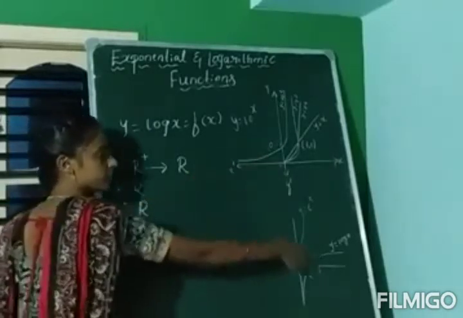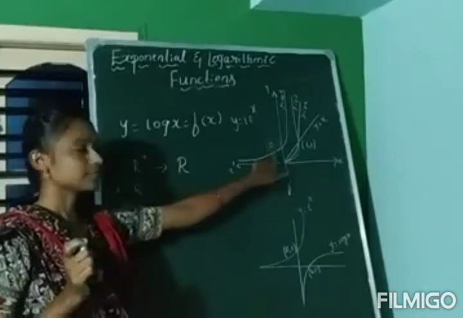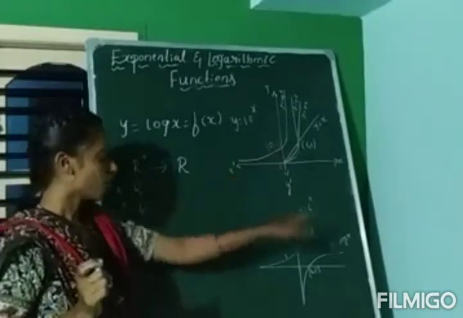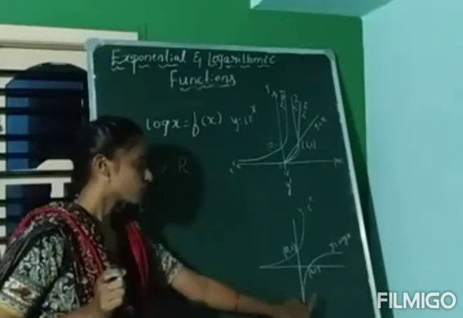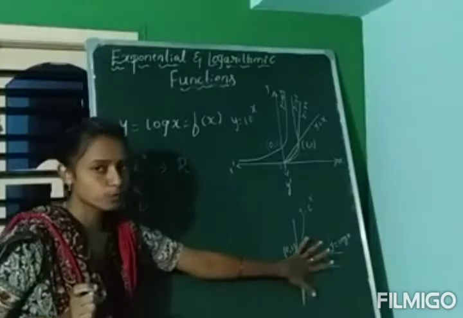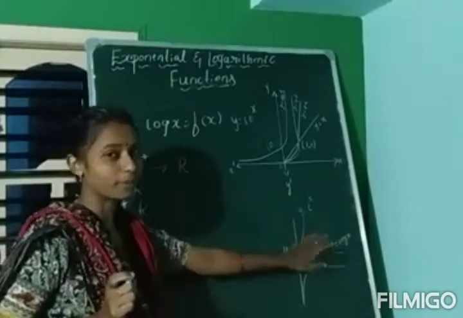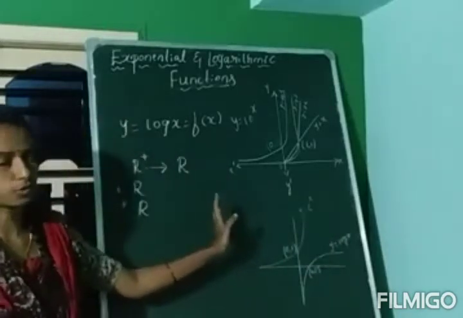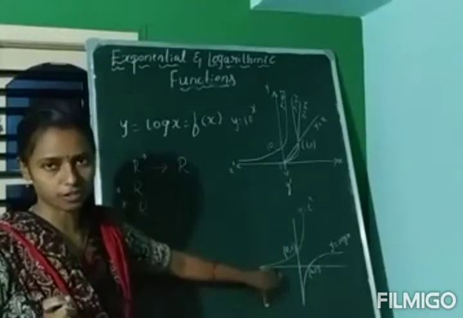So if you observe these two points, the graph approaches the x-axis in an exponential function, whereas in a logarithmic function the point is (1, 0). This logarithmic function approaches the y-axis but never meets it. So this is a slight difference between the exponential and logarithmic functions.